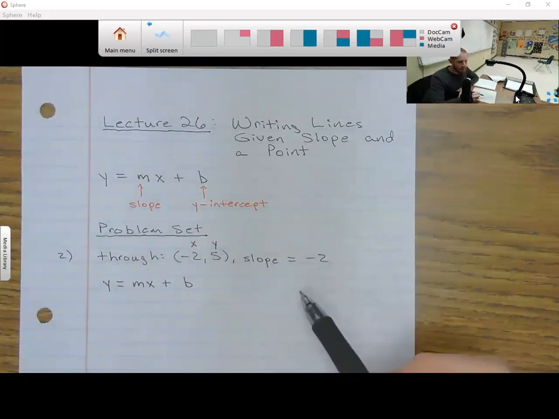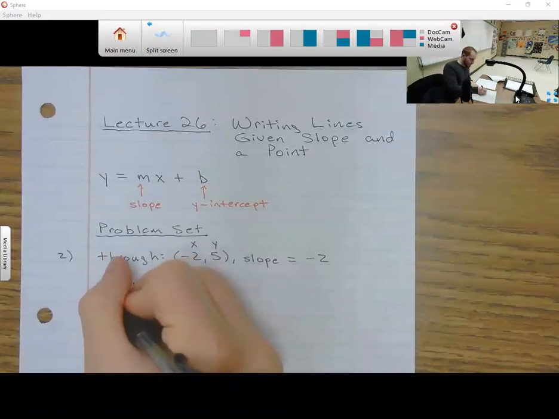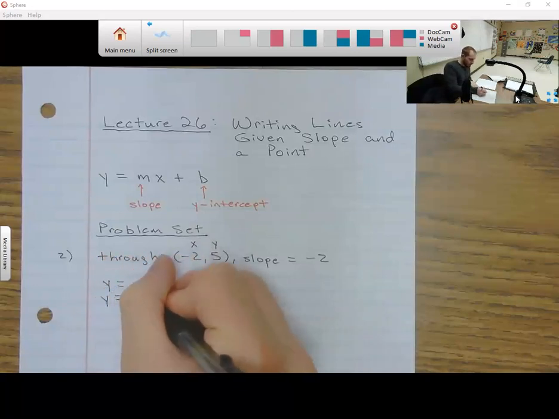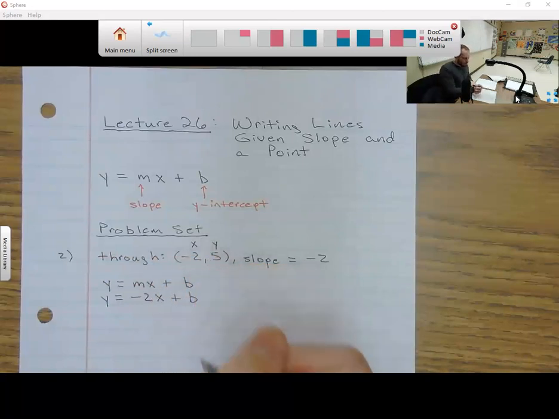That's going to be my m. Remember, m stands for slope. So I'm going to plug in -2 for m, and I get y equals -2x plus b. The only thing that's changed is I've replaced m with a -2. That's all I've done so far.